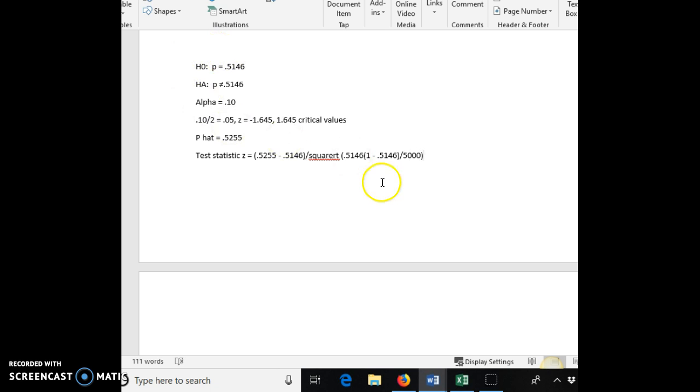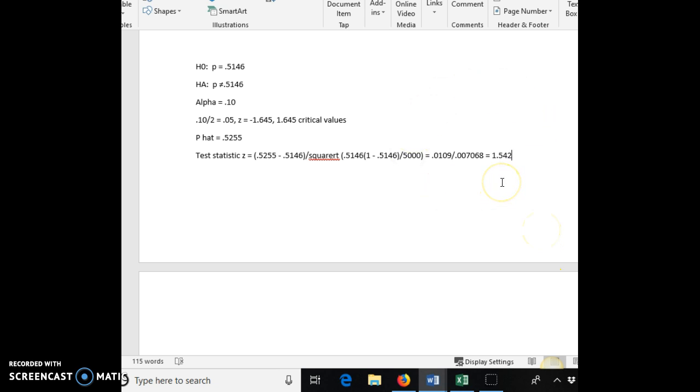All right, and let's go ahead now and do those two calculations. On the top, we get 0.0109, and on the bottom, we get 0.007068, and if we divide that out, we get 1.542 as our test statistic.